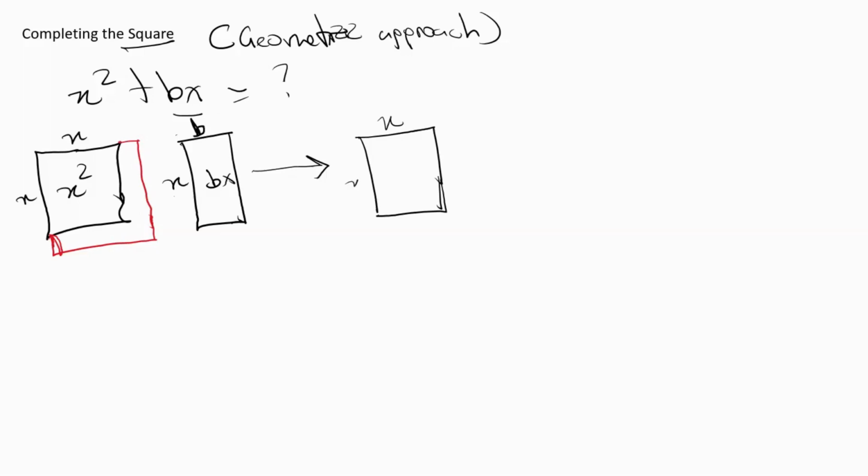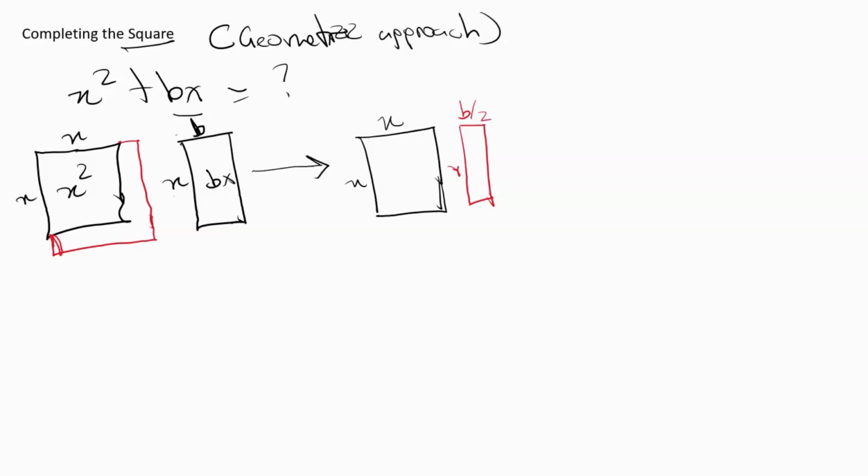which is x and x, but we are going to have a new rectangle here, which is of width b over 2.